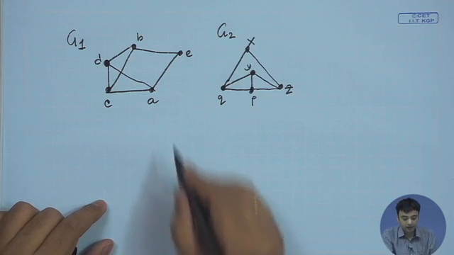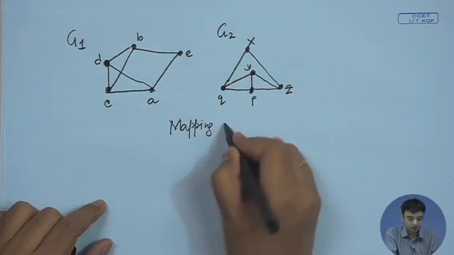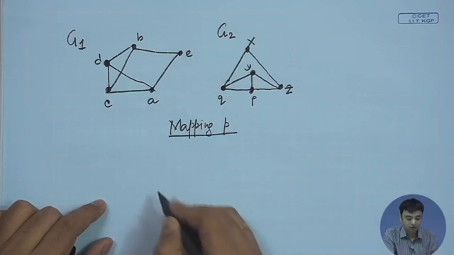Now, we can construct a mapping P between these two graphs as follows.